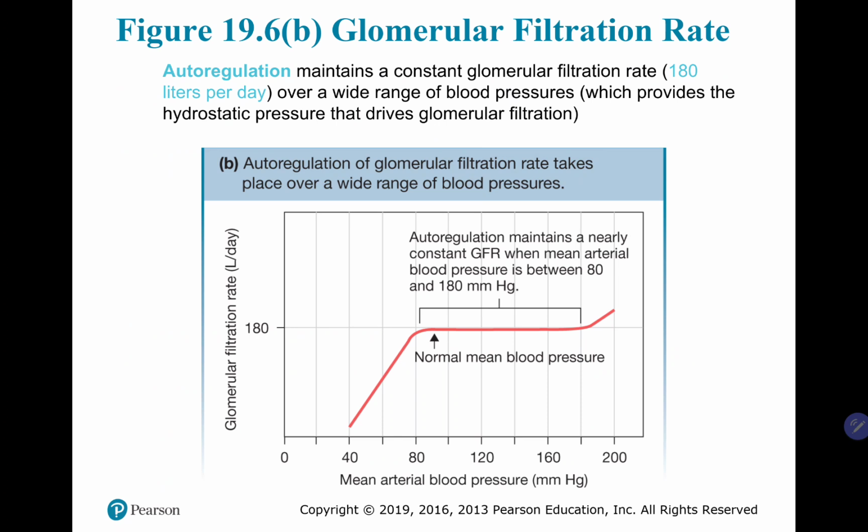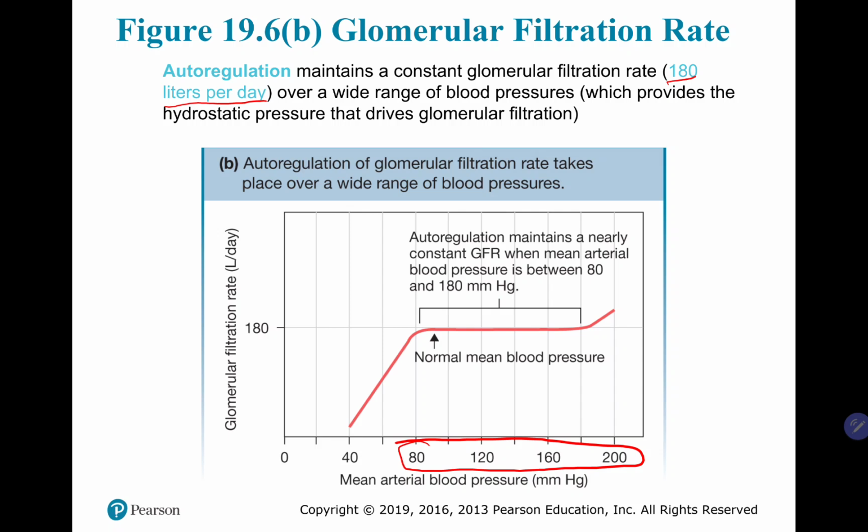Now, when we're looking at your blood pressure, blood pressure can range, right? Your body has the ability to auto-regulate itself to maintain a constant glomerular filtration rate. So this auto-regulation maintains a constant glomerular filtration rate, again, of 180 liters per day. So we're maintaining a constant glomerular filtration rate over a wide range of blood pressures, as we can see right here.